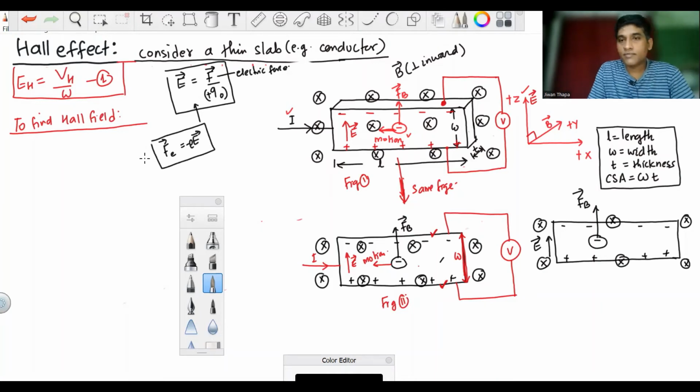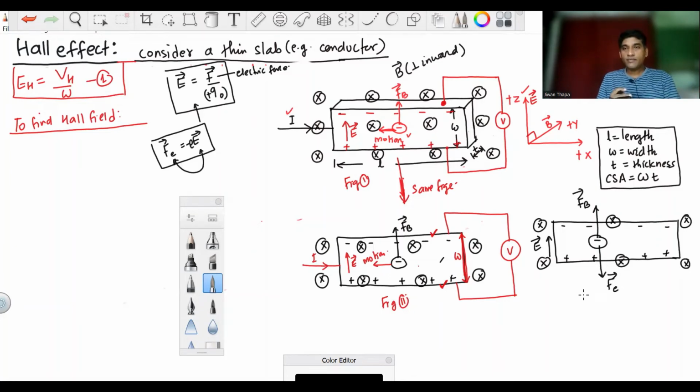The electron experiences an electric force whose direction is opposite to the electric field, so in the downward direction.